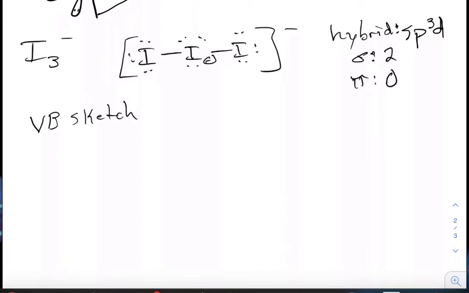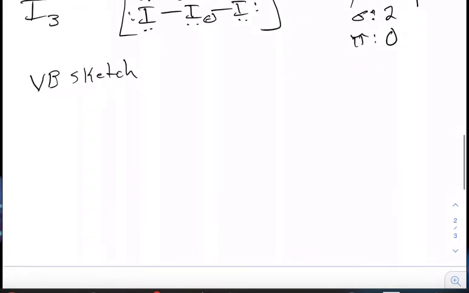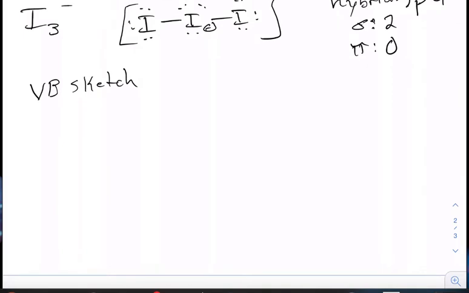So for this one, I'm trying to give myself plenty of space here still. I'm going to draw my central iodine. And when I go to draw this, for trigonal bipyramidal or this sp3d hybridization, I'm going to make this one a little bit clearer for my own OCD sake.